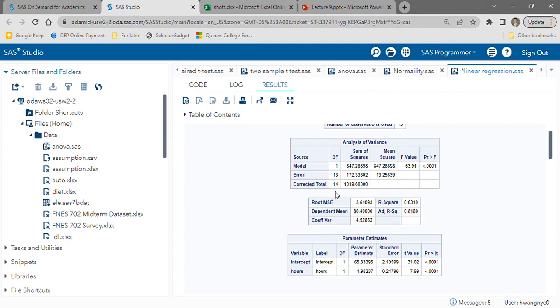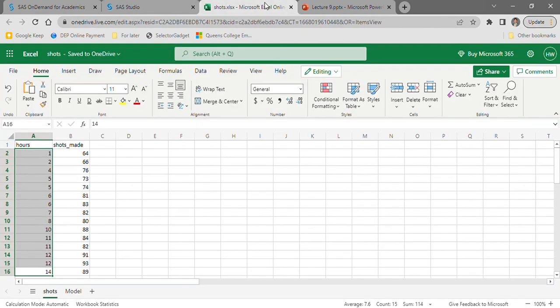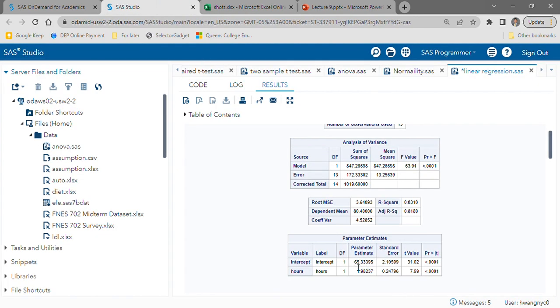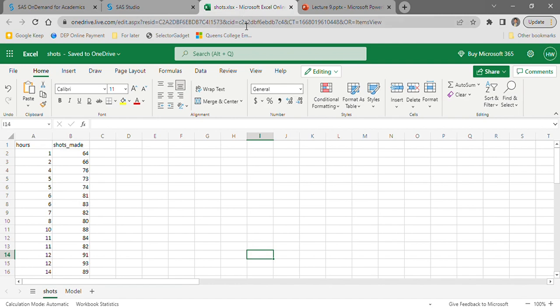Let's think about that. Why does it start at 65? I'll give you a hint. Look at this dataset. Now let's come back. Why does our intercept or our parameter estimate start at 65? If you said the reason it starts at 65 is because the lowest number here is 64, and the highest number is 89.